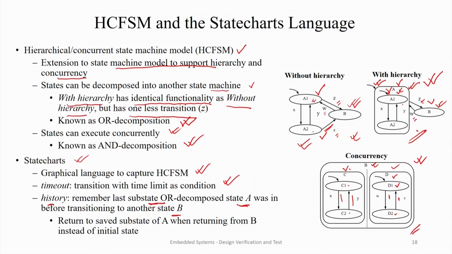Now, because you remembered the last substate from which you moved to B, after you go back to A, you can move directly to A2 and not to A1.